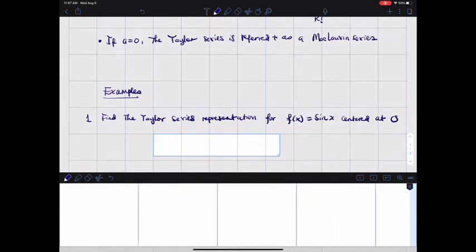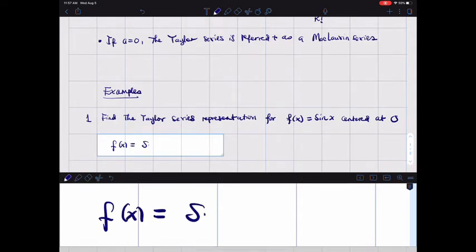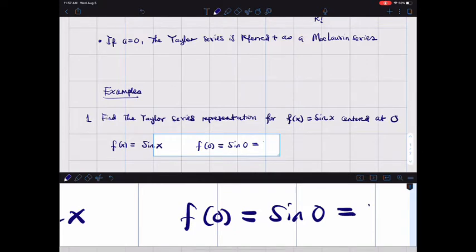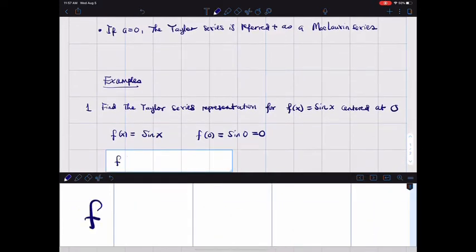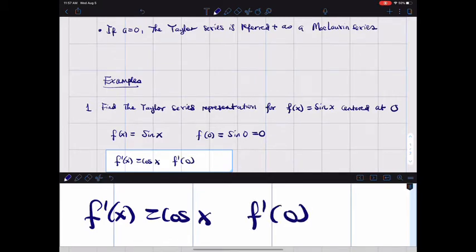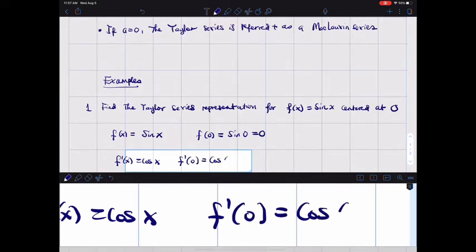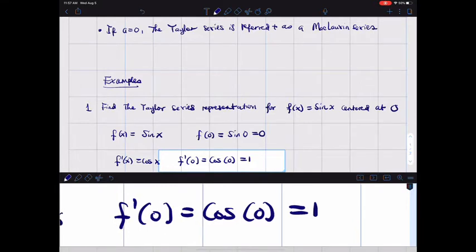f of x is equal to sine x. Let's look for the derivatives. f at 0 is sine 0, which is 0. f prime of x is cosine x. f prime at 0 is cosine 0, which is just 1. And so forth.